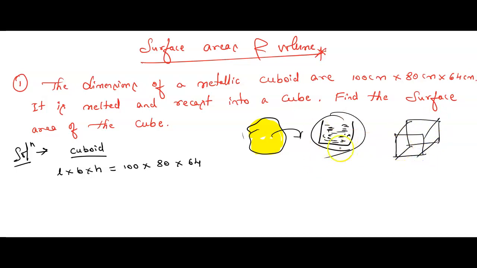I mean to say, by using this material, I will make a cube-shaped object. Did you understand, beta? We melted the cuboid, and after melting we take the same material and make it into a cube shape. It means how much quantity is here, the same quantity will be here also, no? The quantity of the material remains the same. Only the shape is changing.